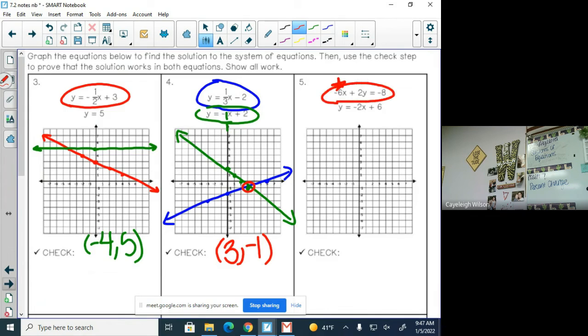All right, real quick before we do number 5, I want you to solve that first one for y. So I'm going to make sure you can practice that skill that we did yesterday. Solve it for y. So move the x term over first.